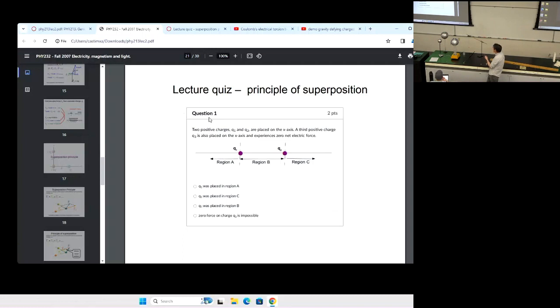If we're over here on the right, all the forces are towards the right because we're on the right-hand side of the two charges. They can't cancel out here. But in between, there's some magic place where, because we're on the right of the left-hand charge, there's a force towards the right, and we're on the left of the right-hand charge, which makes a force towards the left. The two oppositely directed forces can cancel out in this region here. So region B is the correct answer. Okay.